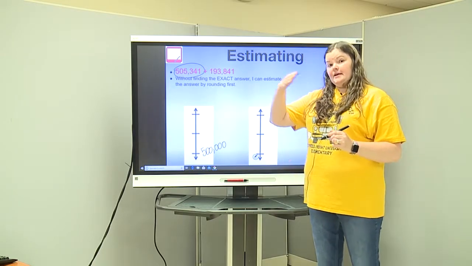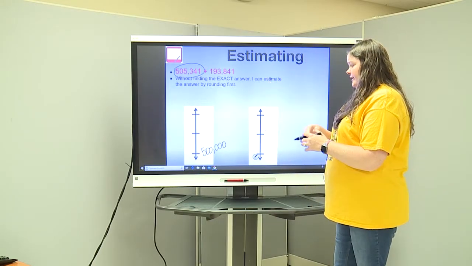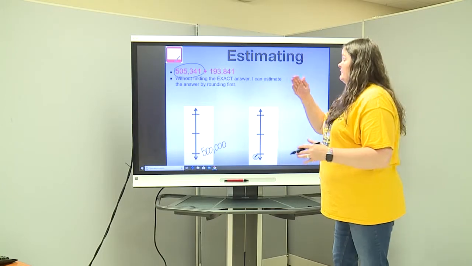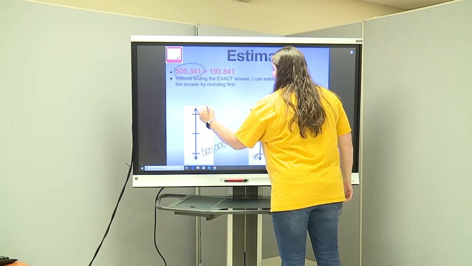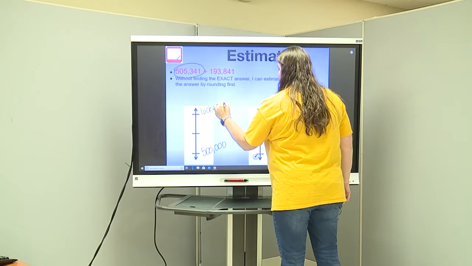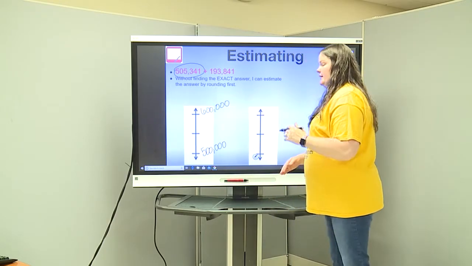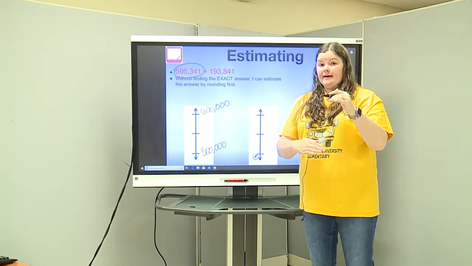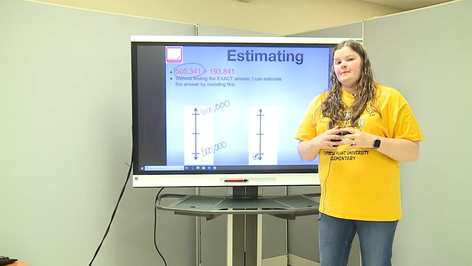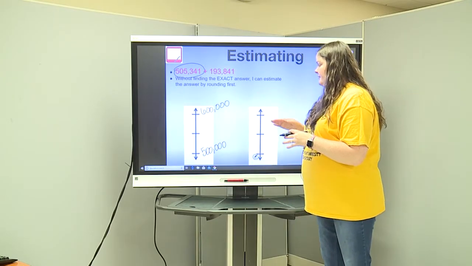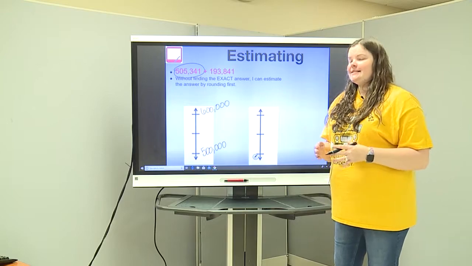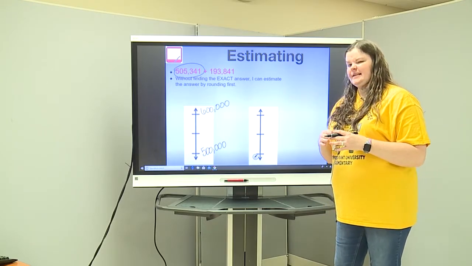Now, if we're rounding to the 100,000s, if my bottom is 500,000, my top would be 600,000. Okay, so I'm in between those 100,000s. And then I need to figure out my midpoint. So what would be in between 500 and 600? So take a second, just think about that.